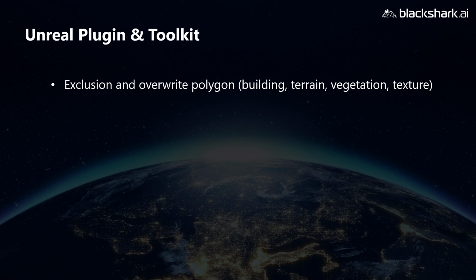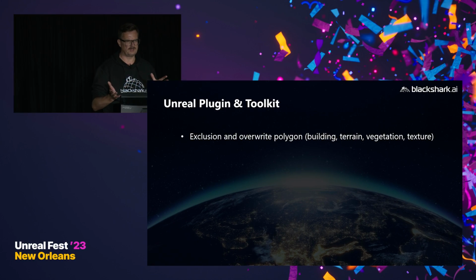Some additional very important features I want to highlight here. Exclusion and override polygons for buildings, terrain, vegetation, texture. So maybe you want to introduce your own buildings or a certain building because you have a much higher detail, geospecific model of the building. You simply say, okay, I don't want to use this Blackshark building here, but use mine instead. And you can manipulate the terrain. You can use your terrain data, your vegetation instead for certain areas.